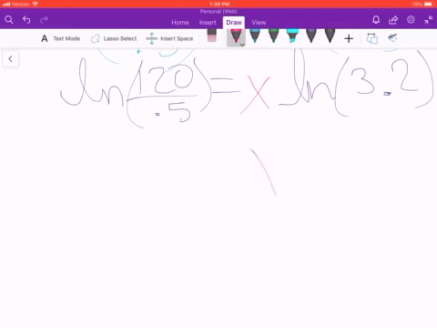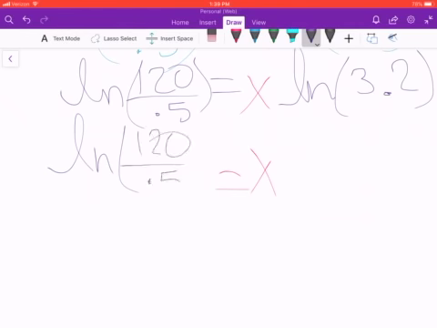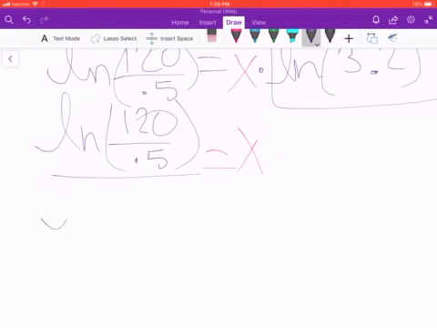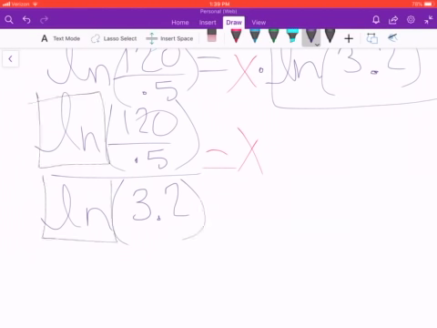And from here, just to finish and solve for x, we have the natural log of 120 divided by 0.5, and we will take this quantity, since it is multiplying to the x, once we take it across, it will be dividing. And when you enter this on your calculator, make sure that you have pressed the natural log key twice, one on the numerator, one for the denominator.